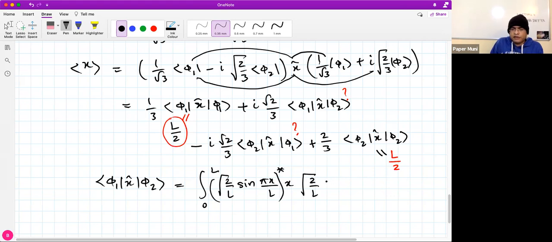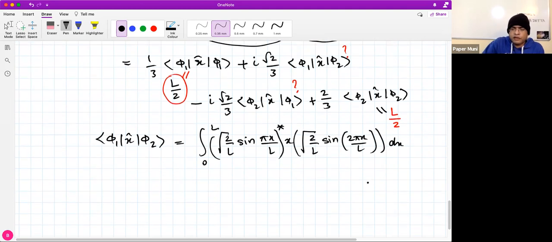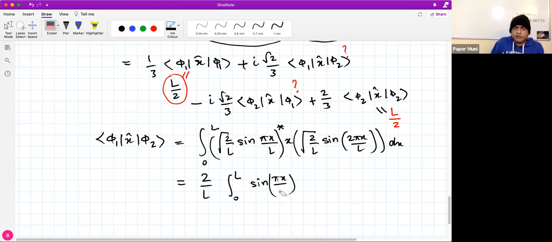And then you have sine 2 pi x by L dx. Everybody agrees on this. Now if you write this further, you have 2 by L, 0 to L, sine star. We don't require the star anymore because it's a real function, so we can simply write sine pi x by L, and this is x, this will be sine 2 pi x by L dx.